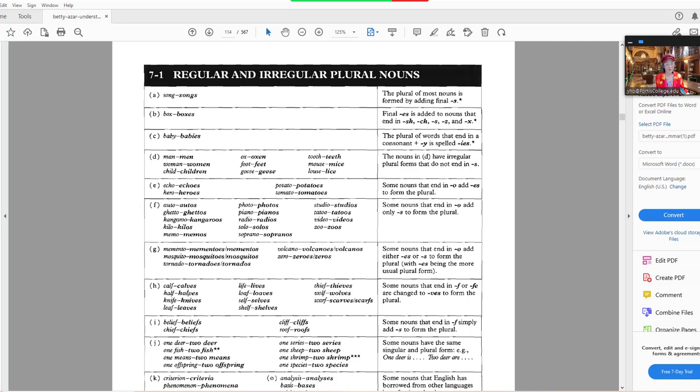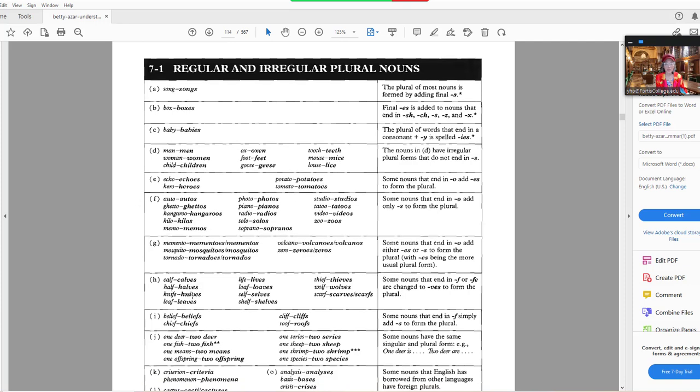And then calf: if it ends in F, it tends to be VES. That's a little bit more regular.